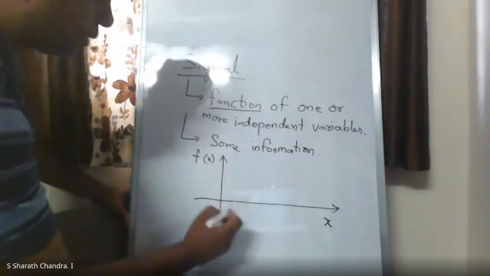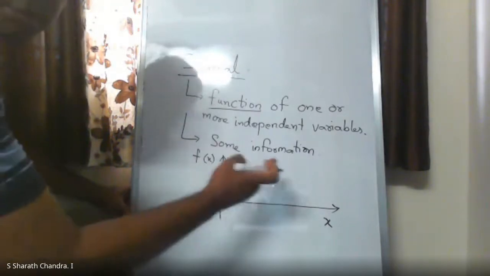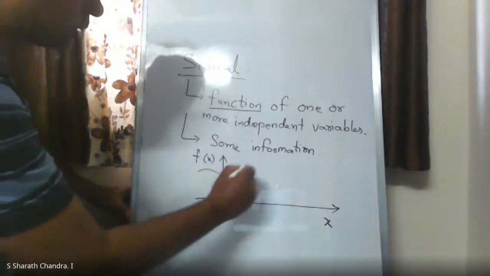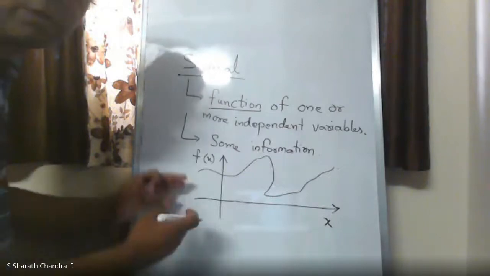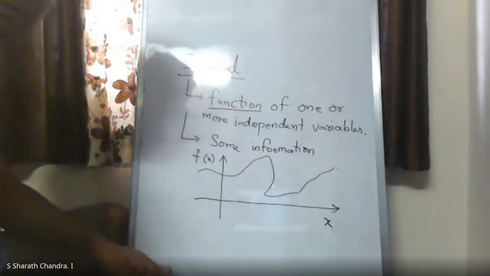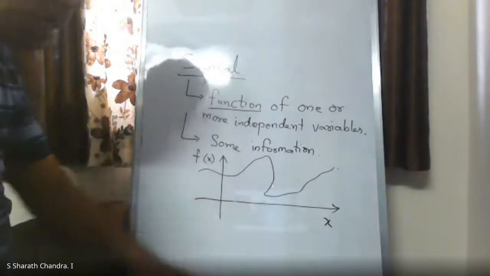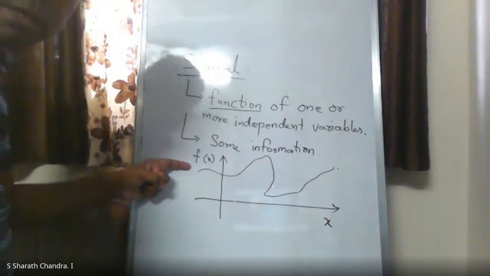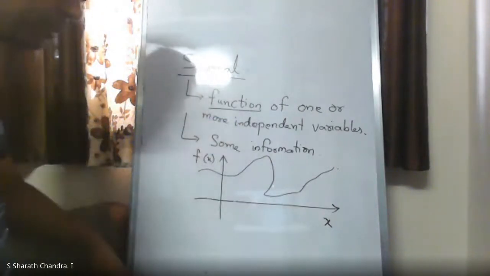It might vary with respect to x. For different values of x, f of x may vary and take different shapes. Therefore, a function is always dependent upon the independent variable x.